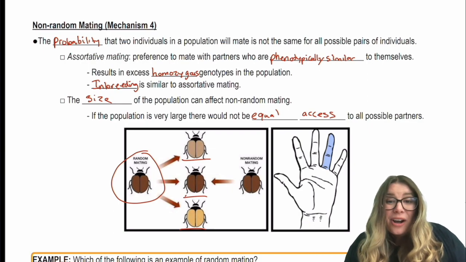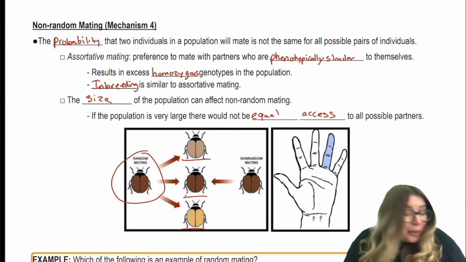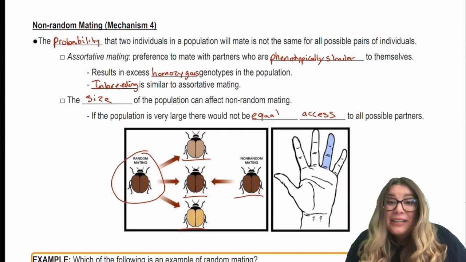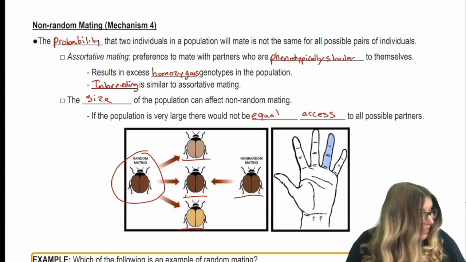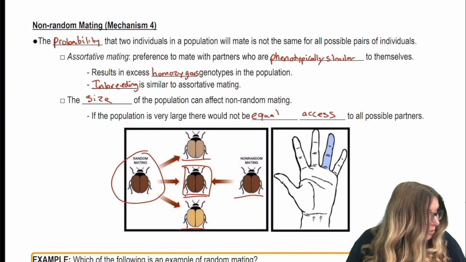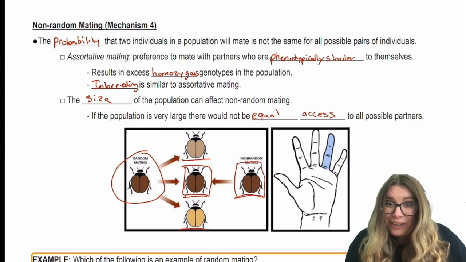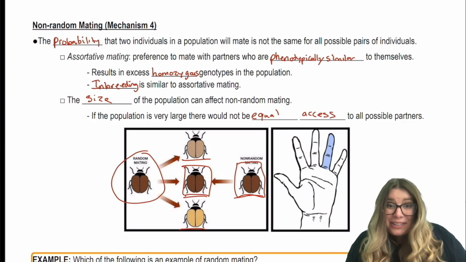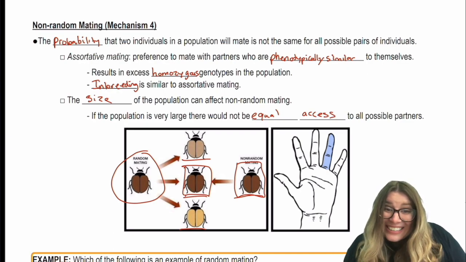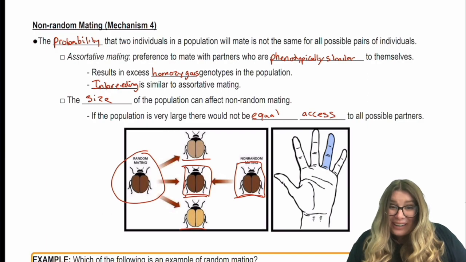Whichever one it came across first would probably be its mate. Over here, we have an example of non-random mating, specifically assortative mating, because this beetle is choosing to mate with that beetle because it's phenotypically similar. So it's choosing its mate based off of the characteristics it has. That would be non-random mating.